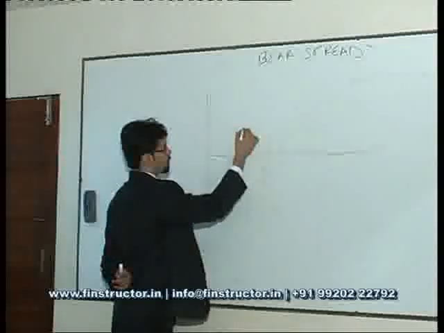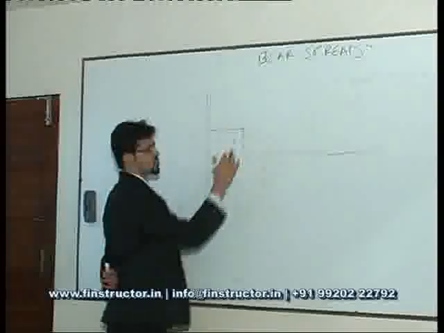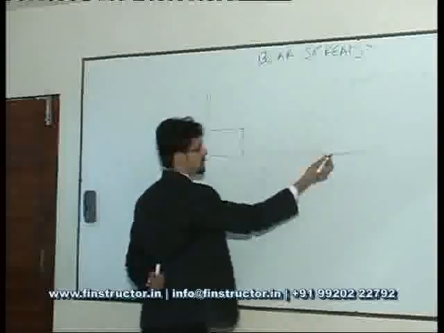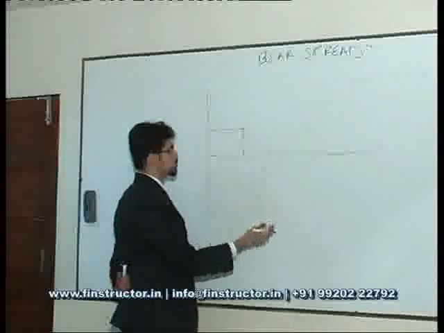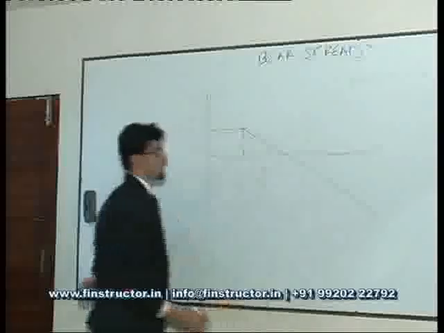So let's see what the payoff is. Again, my call with a lower strike will have a higher premium because it has a higher probability of exercise, whereas my call with a higher strike will have a lower premium because it has a lower probability of exercise. This will be my payoff on the call option that I'm short.